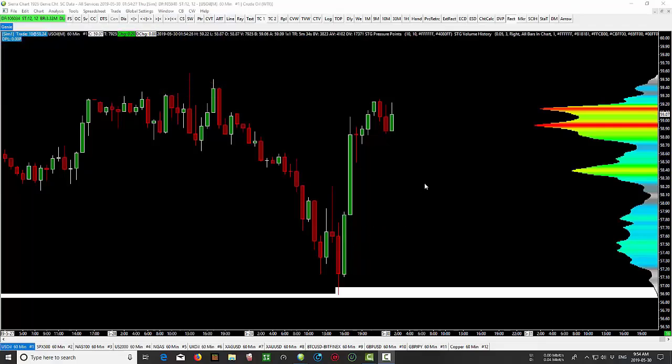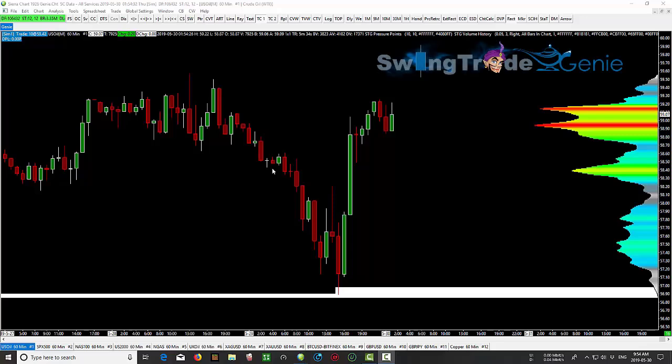So what does a Swing Trade Genie level look like? As you can see, we've got a chart of US oil here, CFD. On the 28th of May, you can see the market started to decline. And for quite some time ahead of that, you can see that there's a white shaded area down near the bottom of the chart around 56.90. So that area was on the chart ahead of time.